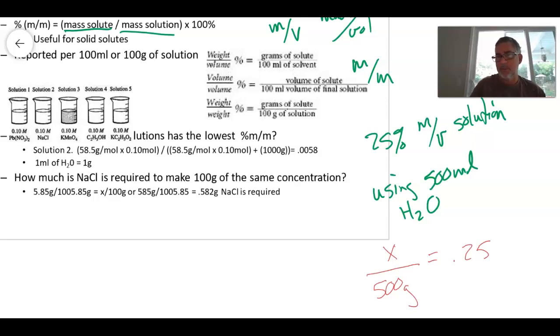This would be my percent solution, mass by volume. All I would do is then move my 500 over here, and then solve. So I just simply move that. Okay, so not too hard.